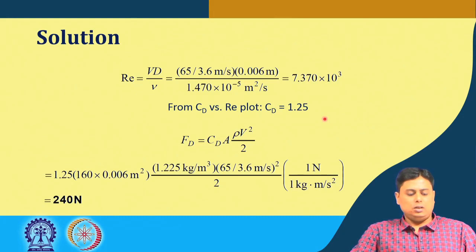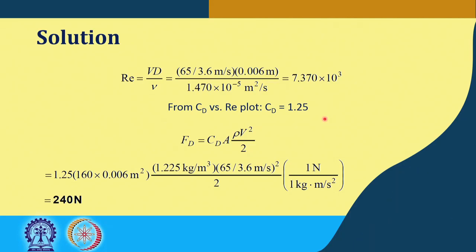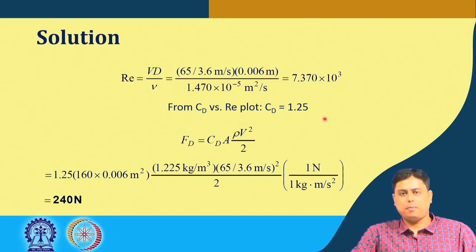This 240 Newton is nearly 25 kg of weight that is hanging on that section of the wire. So, this is the kind of force that is there when the wind velocity is 65 kilometer per hour and happens over a 160 meter length of the wire having a diameter of 6 millimeter.